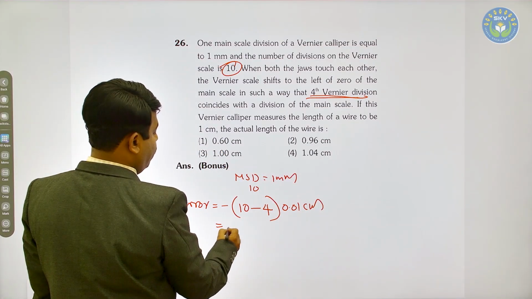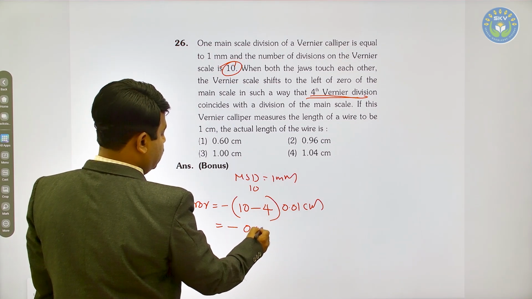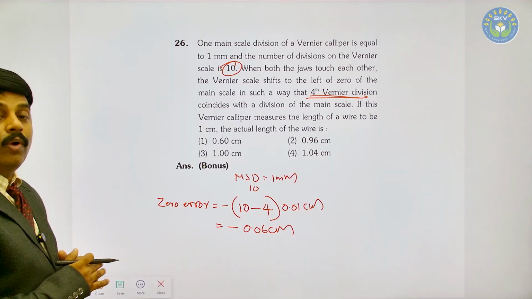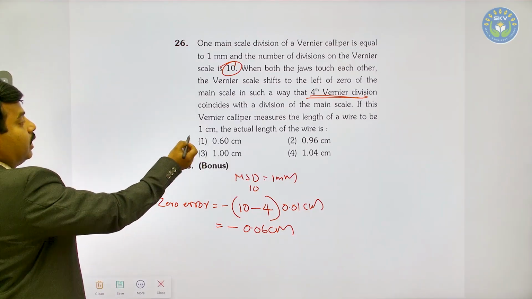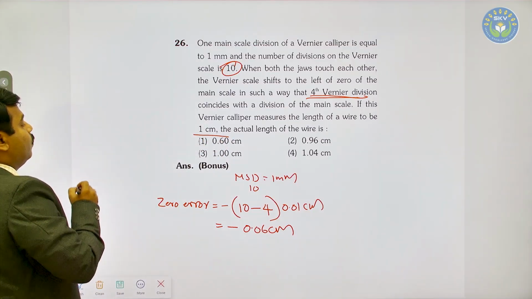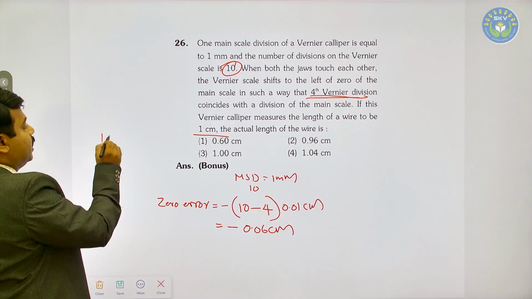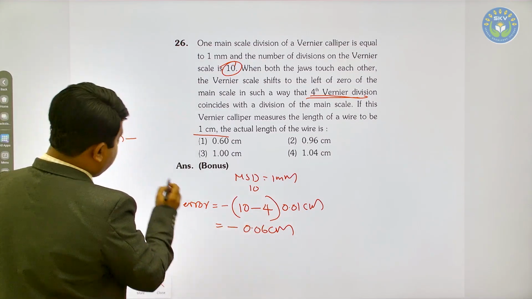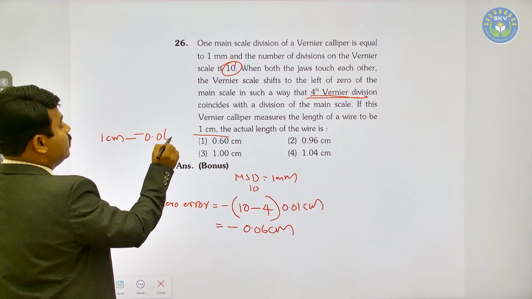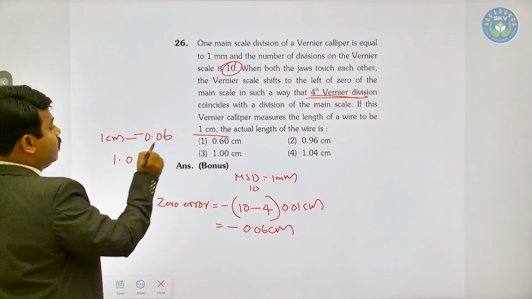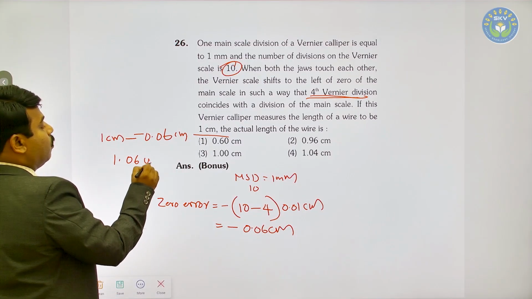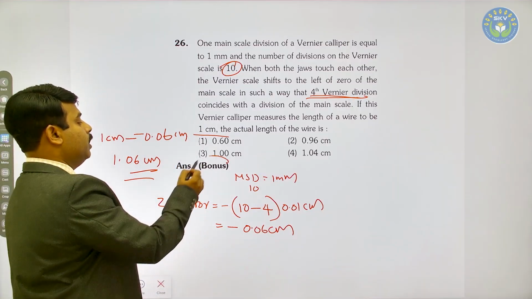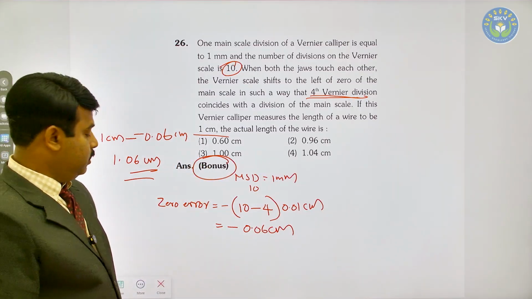That is 0 minus 0.06 centimeter, right? Now you are measuring an actual length, a wire of length 1 centimeter. Then 1 centimeter minus zero error. What is zero error? Minus 0.06. Then 1.06 centimeter only, but no such answer is given here. So this is going to be a bonus mark, right?